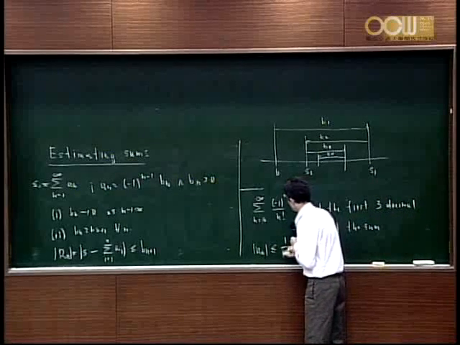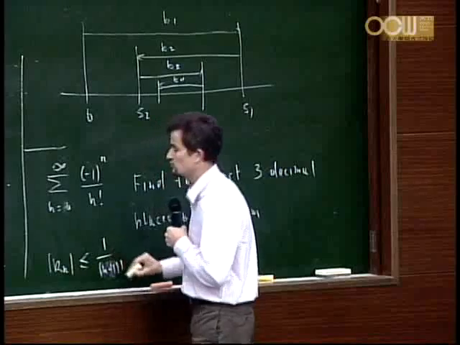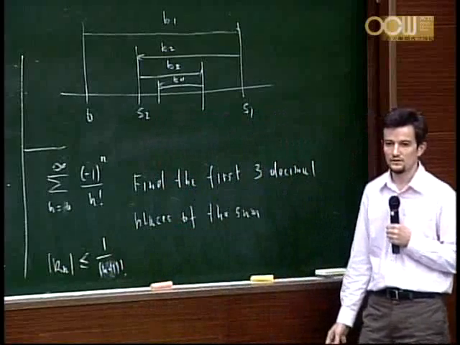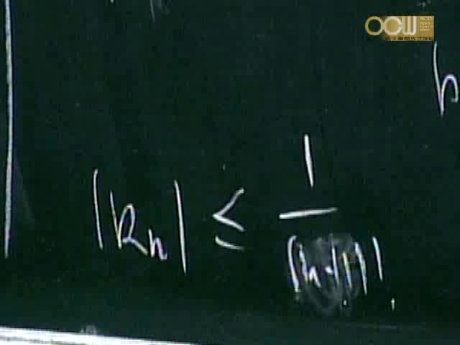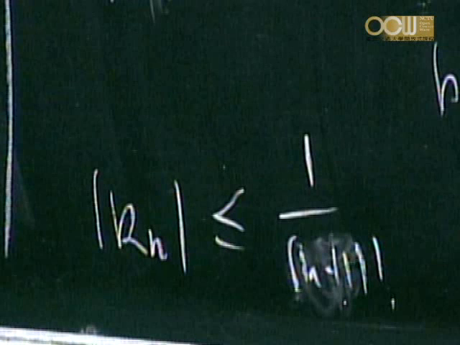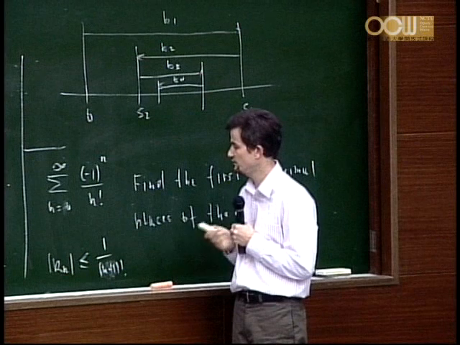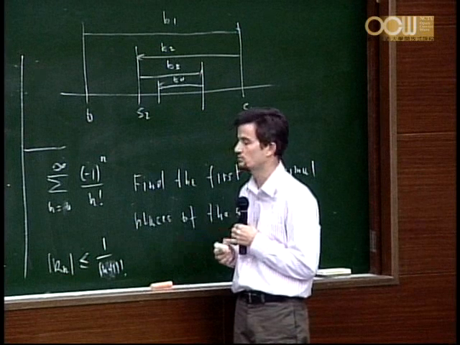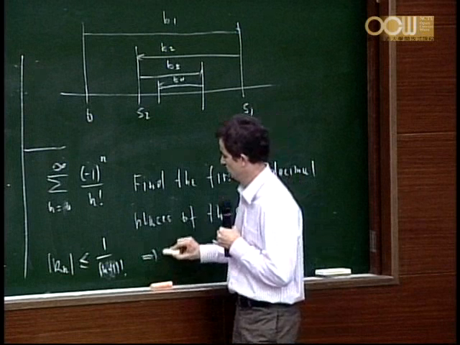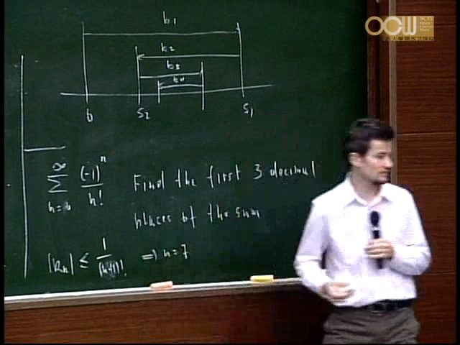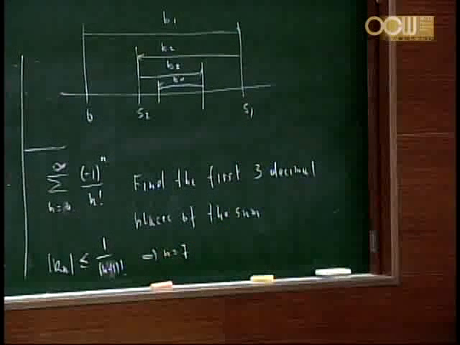And this is something which tends to 0 very quickly. So you just have to check for which n this will be small enough, smaller than 0.0001. And if you do this, you will find out n is equal to 7. For n equal to 7, this will be small enough.